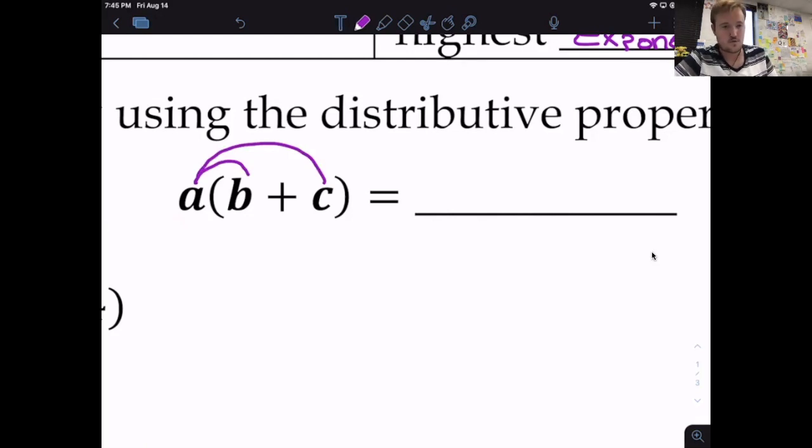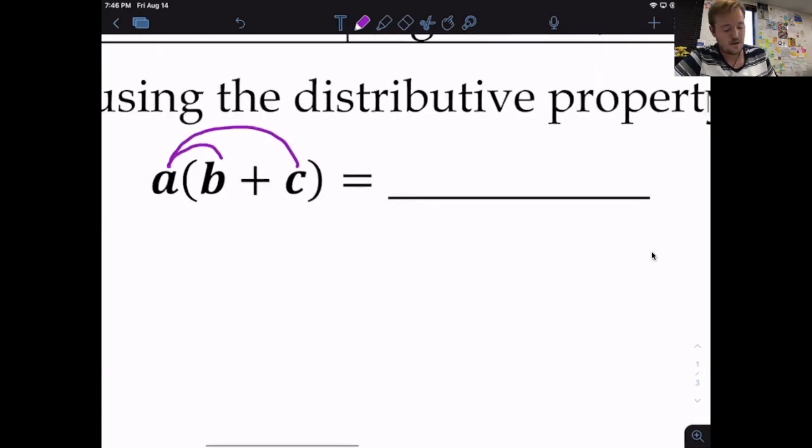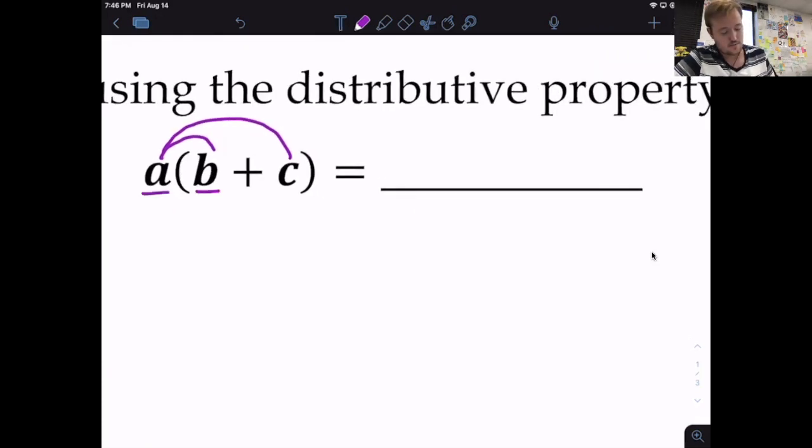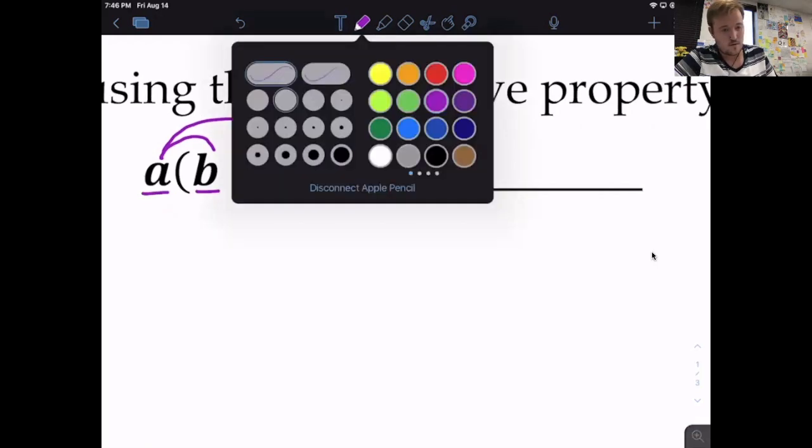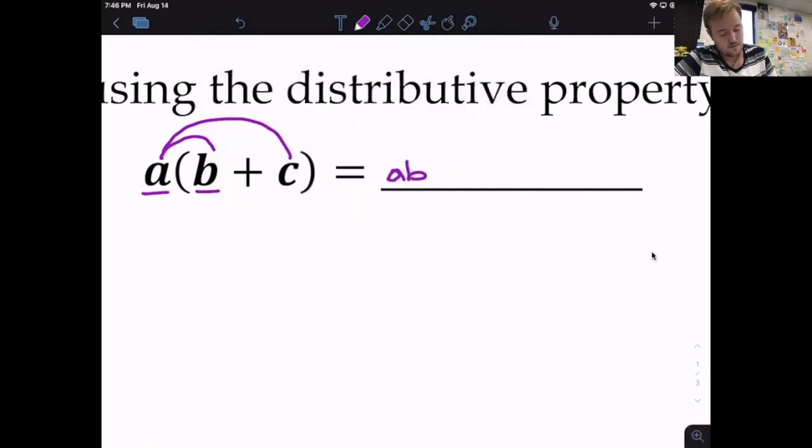So when I distribute, you're going to be multiplying. So I want to do a times b, which gives me the first term. And then for my second term, I'm going to have a times c. So I'm giving a to both of those values. So I have ac. Because that value is positive, it's going to be addition.